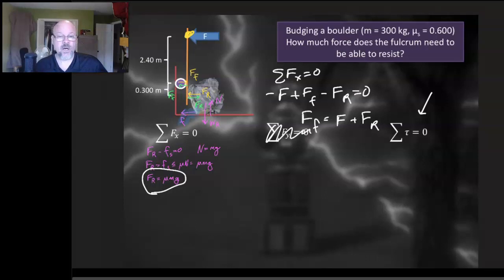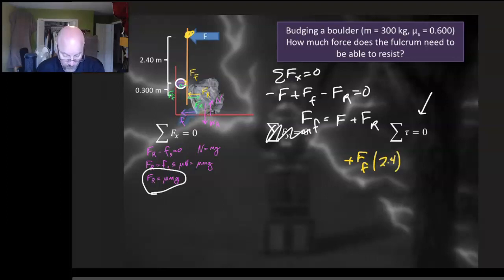So with my pivot up there like that, let's think about F sub F. F sub F is going to try and make it come around like this, so that's going to be a positive. So we'll say plus F sub F, and that's at a distance of 2.4.